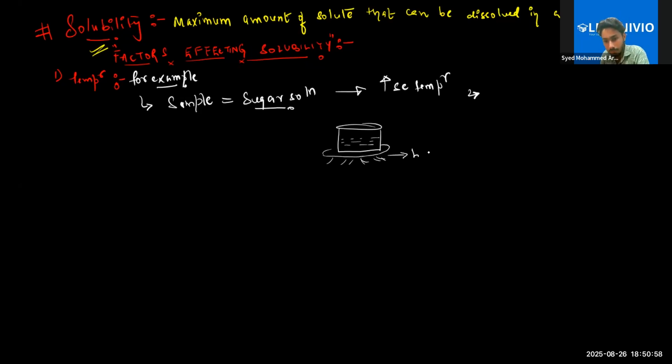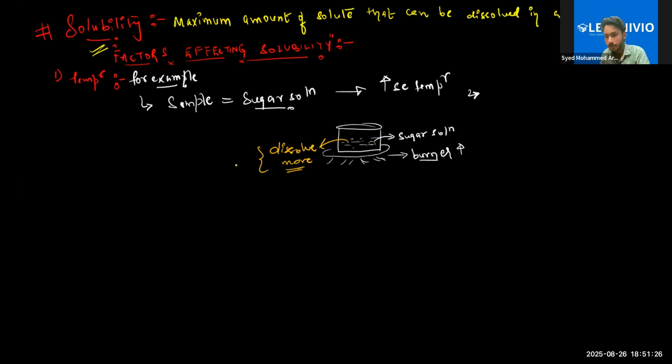So if you see here, this is my sugar solution. And in that sugar solution, I have increased the temperature by putting it on a burner. What will happen? My sugar, which is there in the solution, is gonna dissolve more. Are you getting my point?